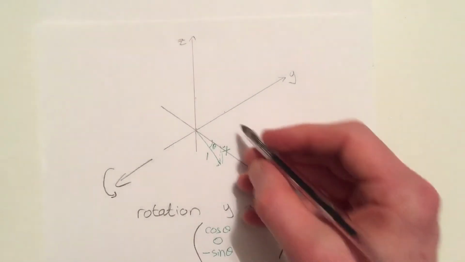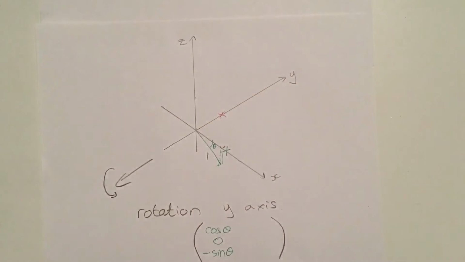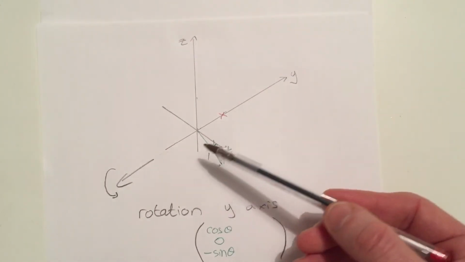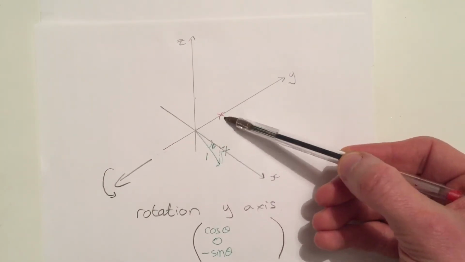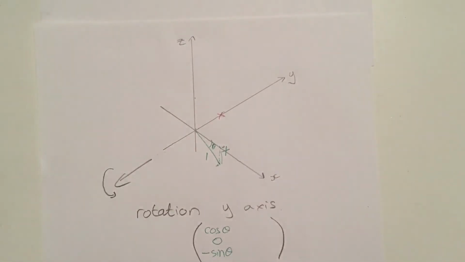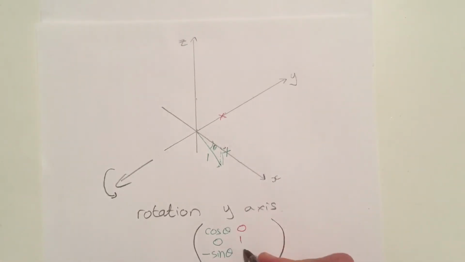Now considering the coordinate 0, 1, 0. Well, this is along the axis of rotation, and like before, when I rotate around this axis, that's not going to affect the axis itself. So that point there will not change at all. It is invariant.